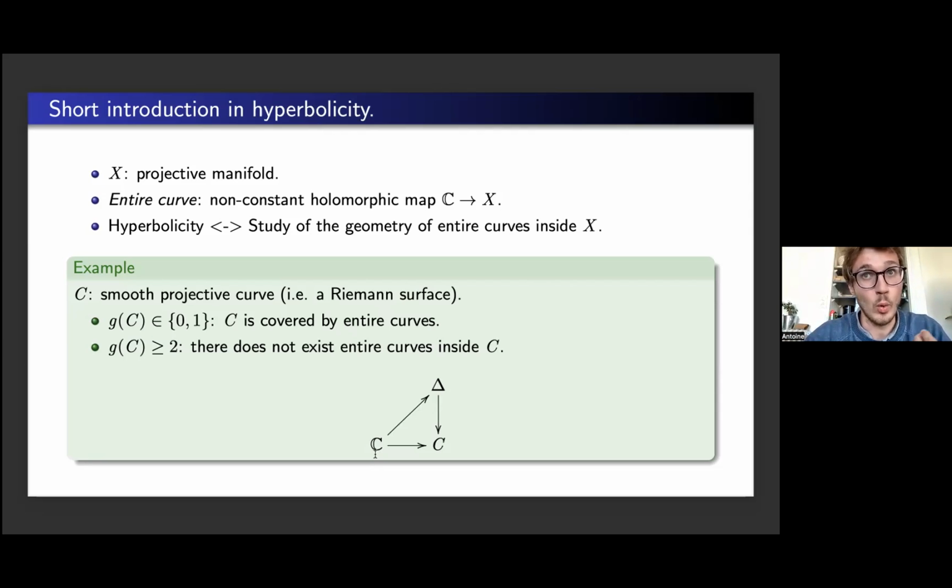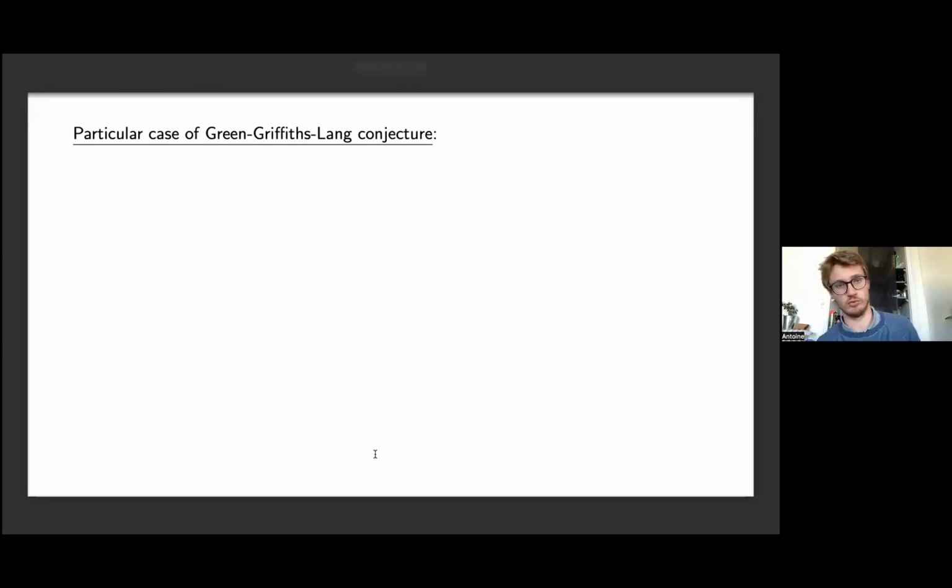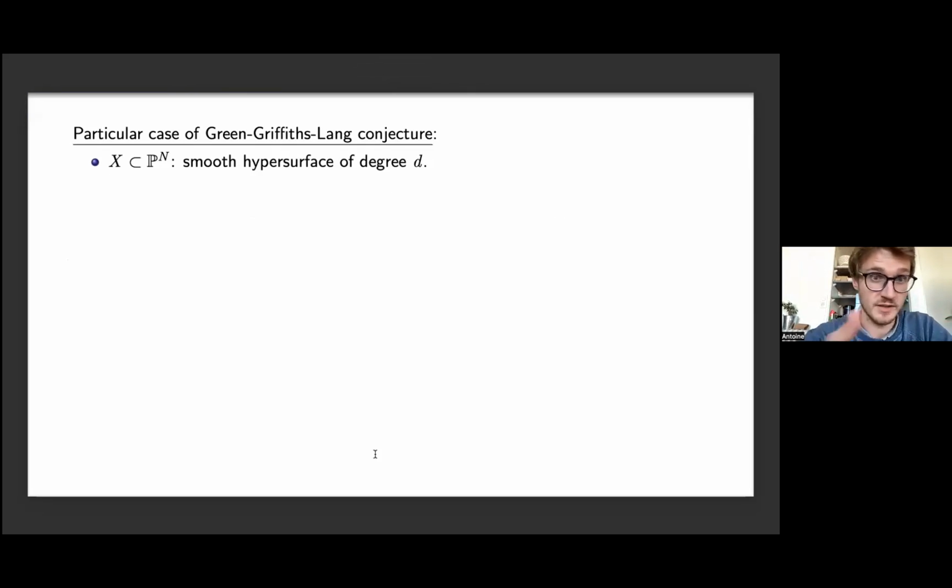And so what is expected for this behavior is dictated by the Green-Griffiths-Lang conjecture that here we will state in a particular case. So here we take a smooth hypersurface of degree D, which is the setting in which we stated the result in hyperbolicity, where we took a Fermat hypersurface.